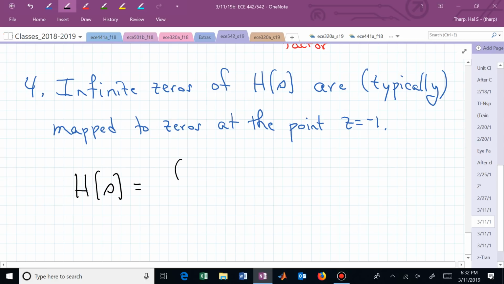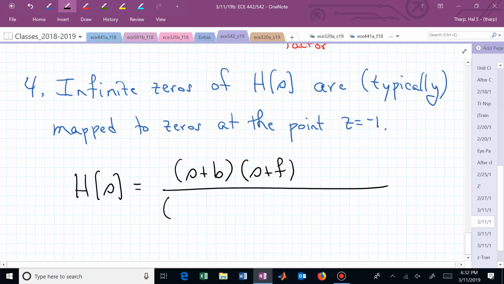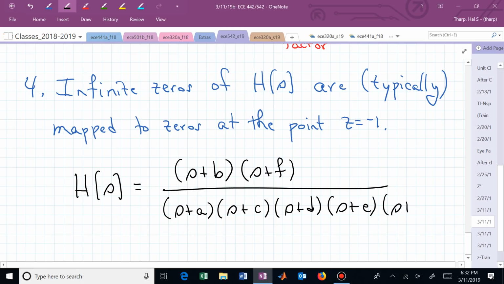Suppose we now had something like the following: (s+b)(s+f) over (s+a)(s+c)(s+d)(s+e)(s+g). I'm just seeing if I know my alphabet.